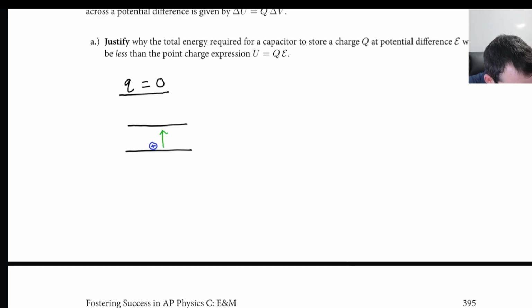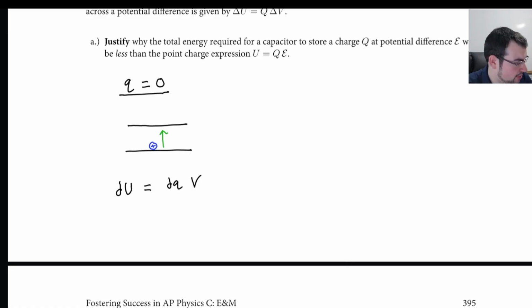Well, we'll use d notation because we're going to use calculus. We'll say that a little change in energy is going to be equal to whatever my test charge is, dq, times the V between the plates.